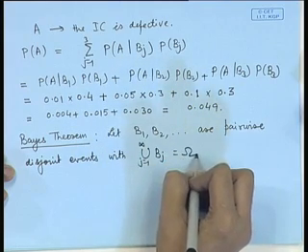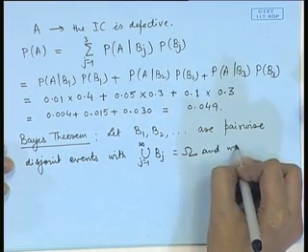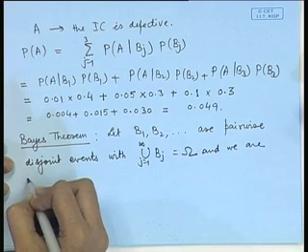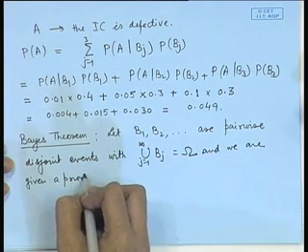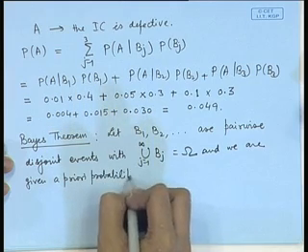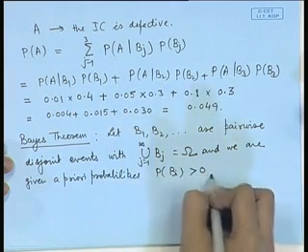That means they are exhaustive also, and we are given a priori probabilities, probability of Bi as positive.